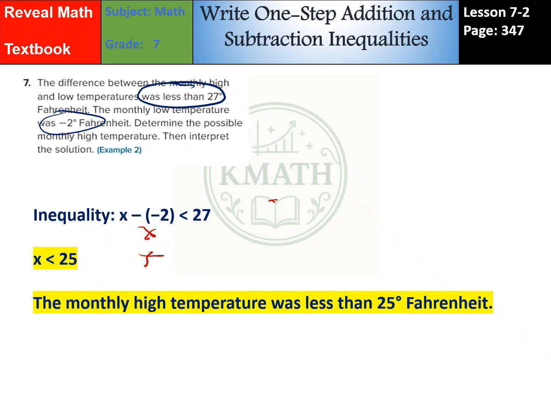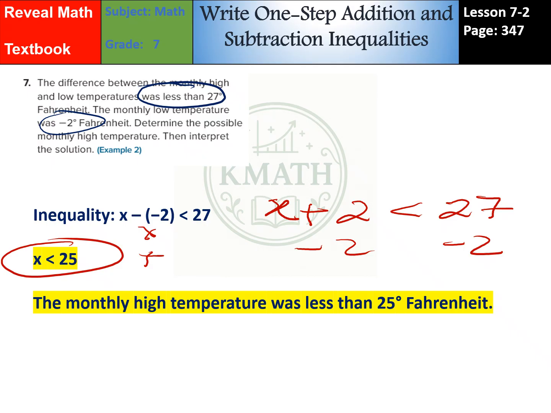It becomes x plus 2 is less than 27, then subtracting 2 from both sides gives you the answer. So the monthly high temperature was less than 25 Fahrenheit. So these were the examples for question number 10.